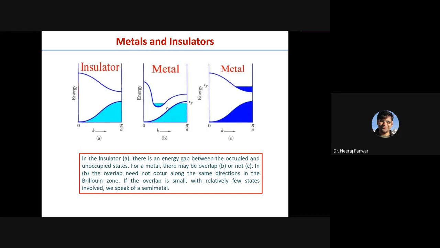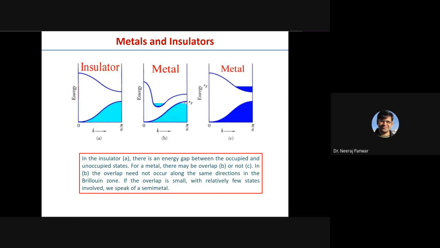For semi-metals, please understand the difference between semi-metal and semiconductor. It is a very good question you may be asked somewhere. In a semiconductor, there is a band gap between the conduction band and the valence band. However, in a semi-metal, the conduction band and the valence band overlap.